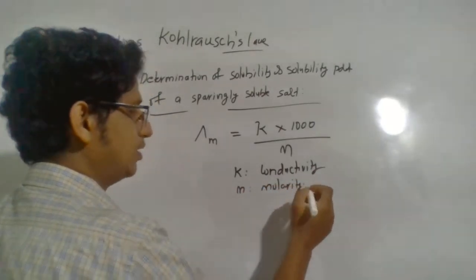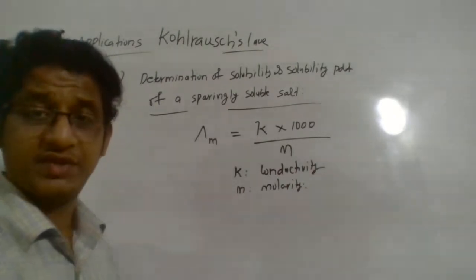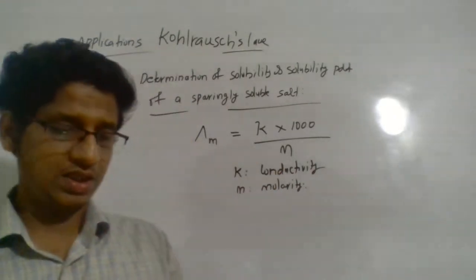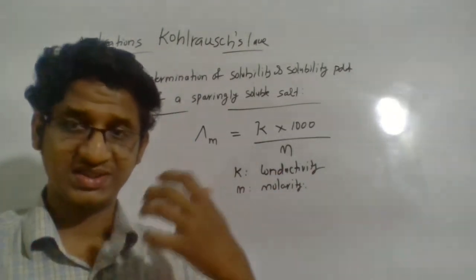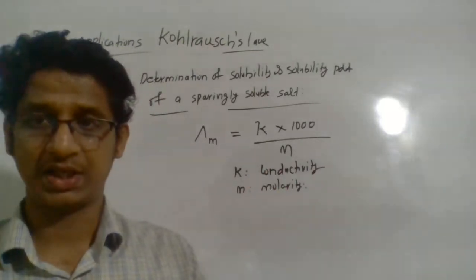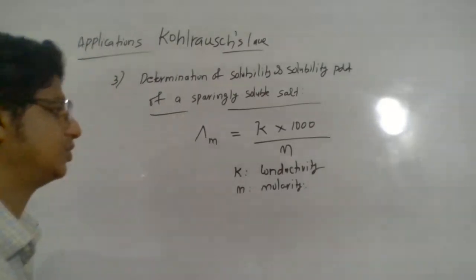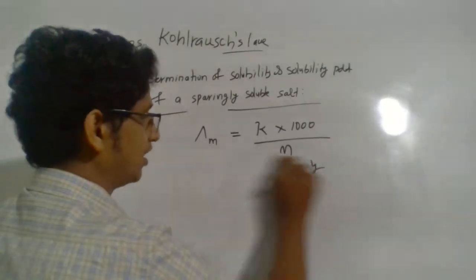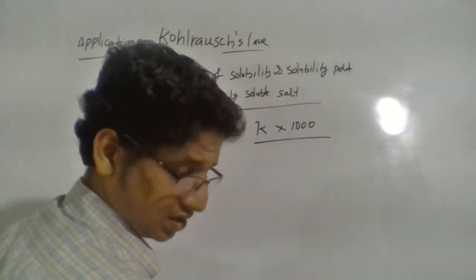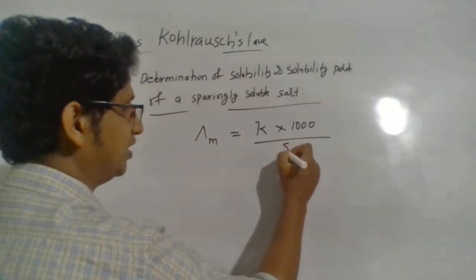Now this is the equation we have, which means if the number of ions is higher, definitely the molarity will be higher. So here, instead of molarity, you can put solubility.